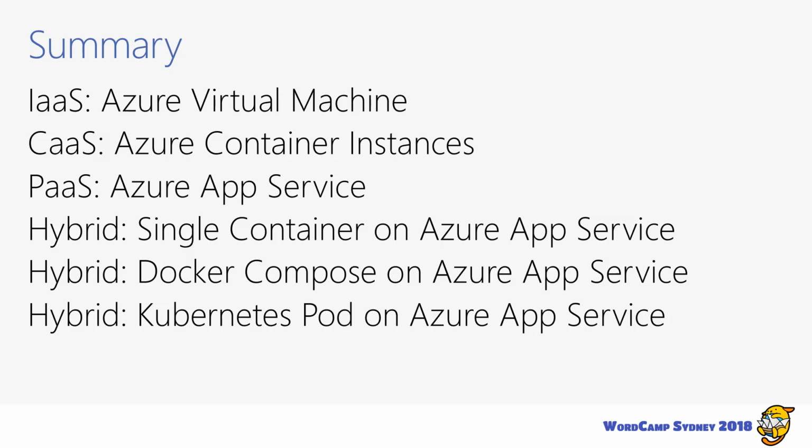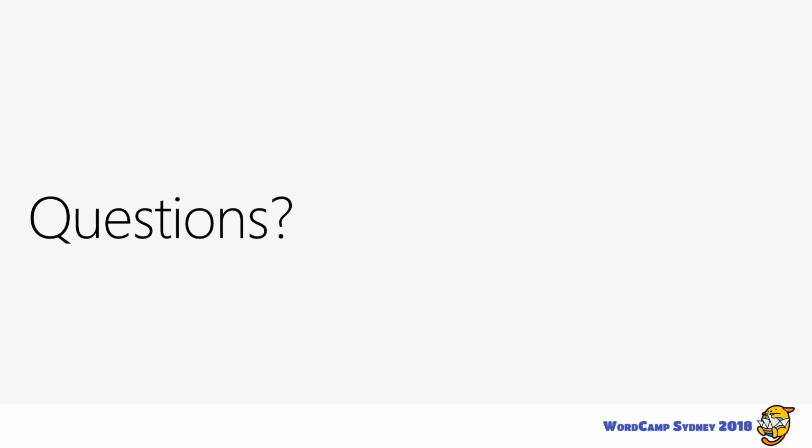But if I am thinking of future migration, then probably I can choose the remaining 3 hybrid approaches. It really depends on the scenario. Or if you want more control, rather than giving all the control to the cloud service provider, then probably choose the virtual machine image approach. So this is it from my session.